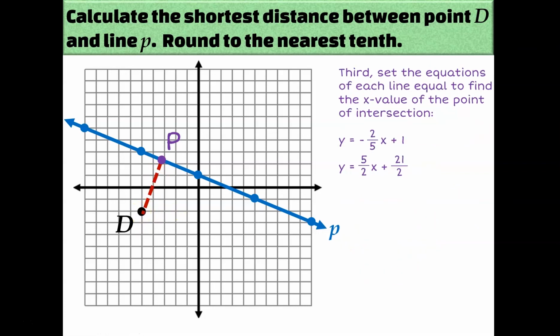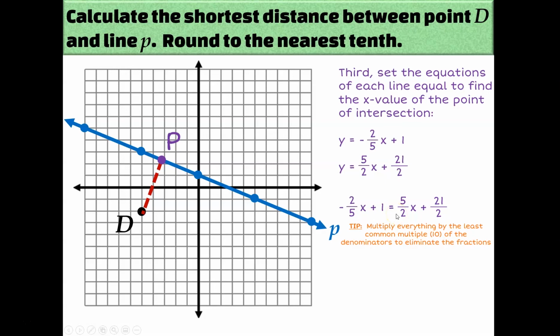Now that I know the equations of both lines, I can figure out where they intersect by setting them equal to each other. So I have negative 2/5 x plus 1 is equal to 5/2 x plus 21/2. Again, I don't really like dealing with fractions if I don't have to, so I'd rather multiply by the least common multiple of the denominators. We can't just multiply by one denominator to get rid of everything this time because we have two different denominators.